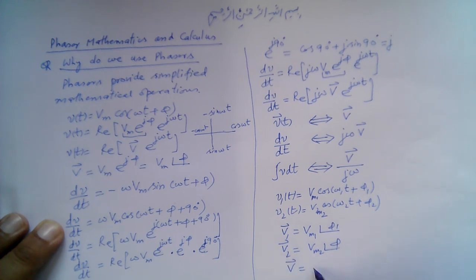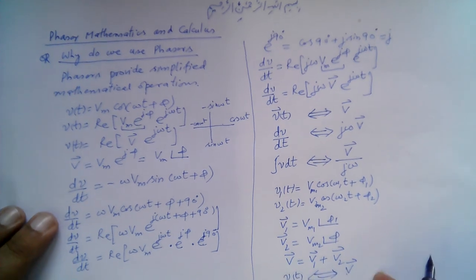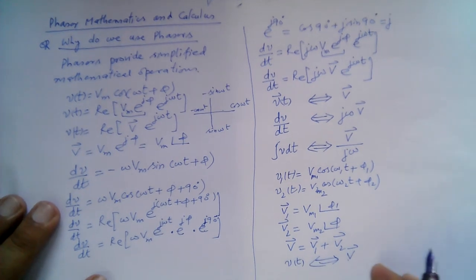This is a simple algebraic operation, V1 plus V2, and then we can find the resultant v of t by transforming the resultant phasor back into the time domain. So this is again a simplification provided by phasors.